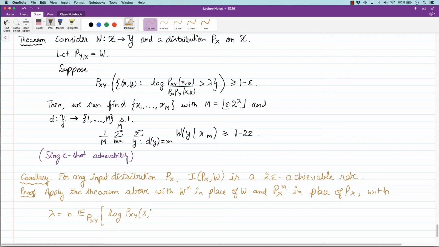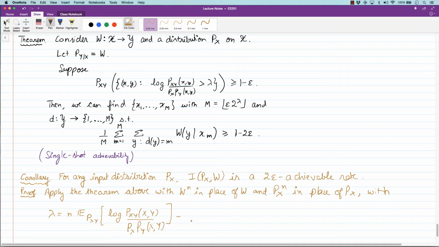So here the random variables are x and y. Okay, so we want a large probability lower bound, so let's back off a little bit.